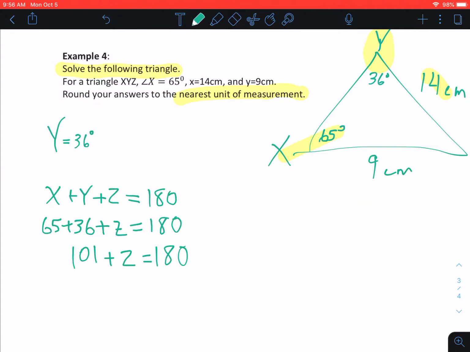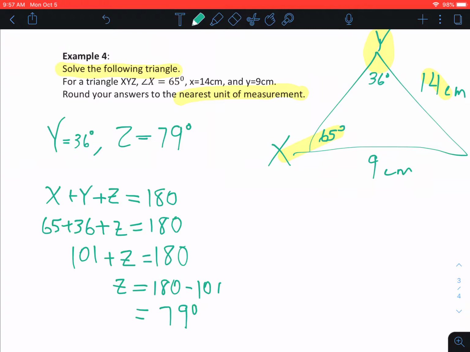So angle Z equals 180 minus 101, which gives 79 degrees. So angle Z equals 79 degrees.